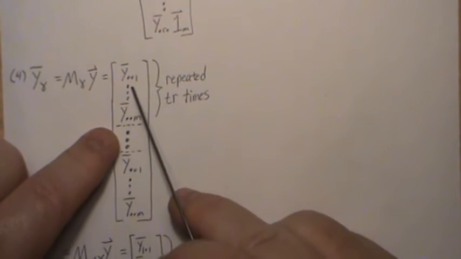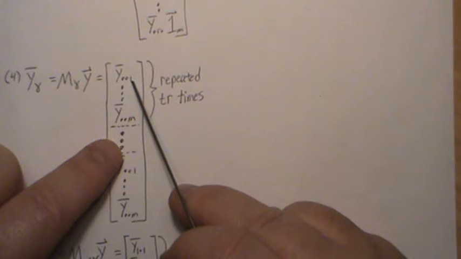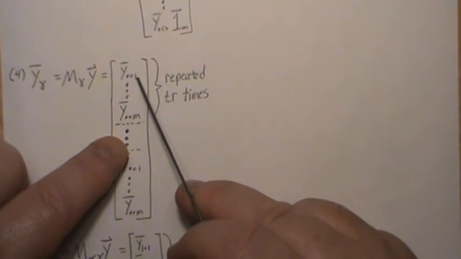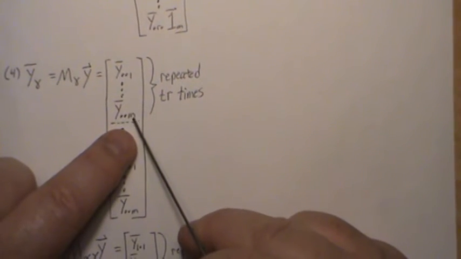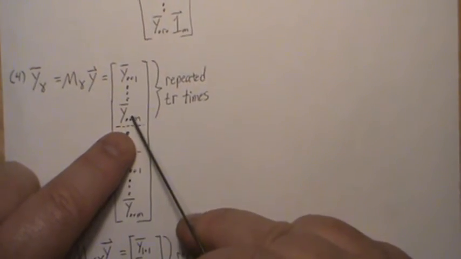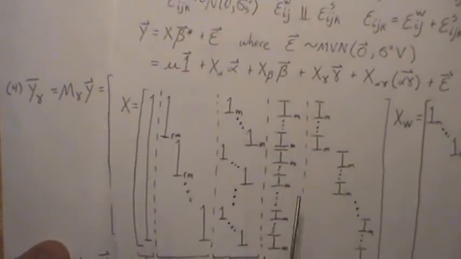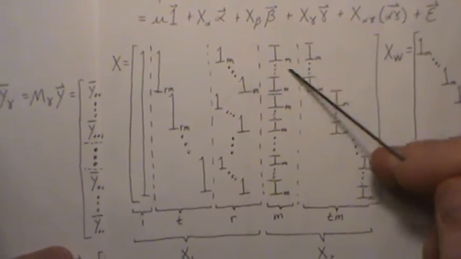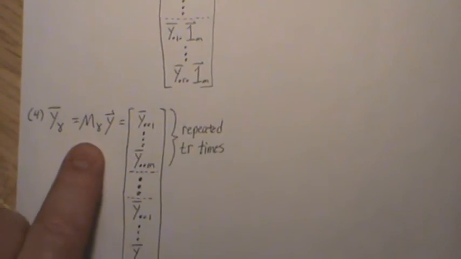So look what we get here. It's just a number. So it's the mean of level 1 for factor beta, the second factor, up to the mean for the mth level of the second factor. And it's just a number. But then it's repeated tr times. And that's because it has to be in the structure of this column space. Right? That's what it says it does.